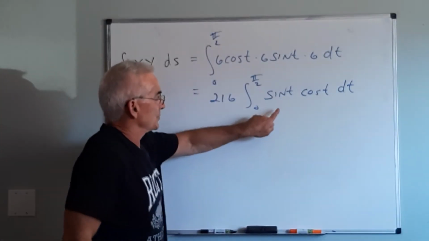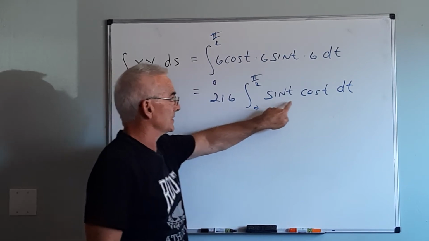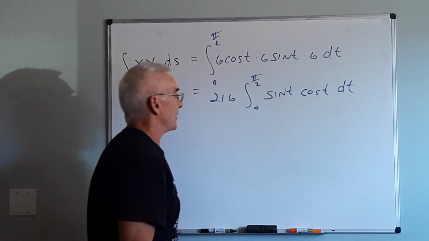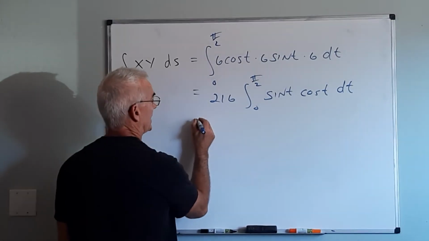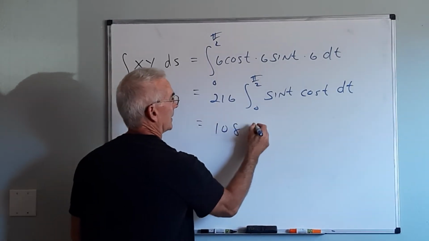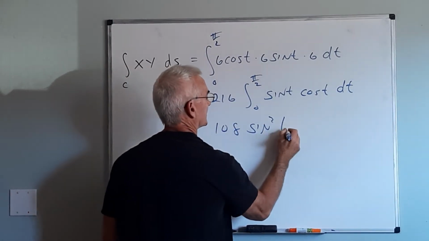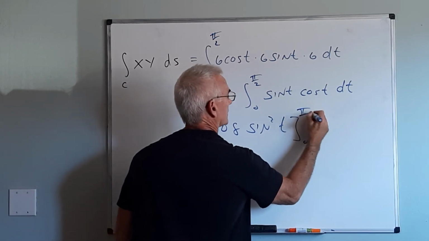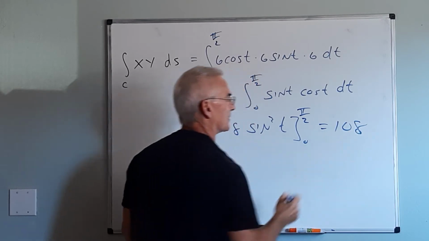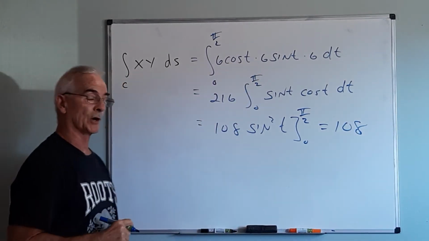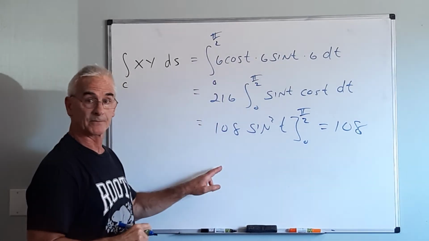So again, if I choose my u to be the sine function, then du is cos, and then I would be integrating u du, so the antiderivative being 1/2 u squared. I will get 108 sine squared, and this will just be 108. So you see the three different forms produce three different numerical answers, which is to be expected. So let's continue now.